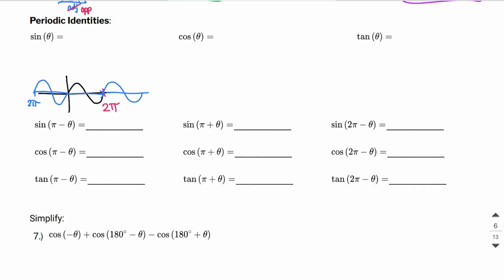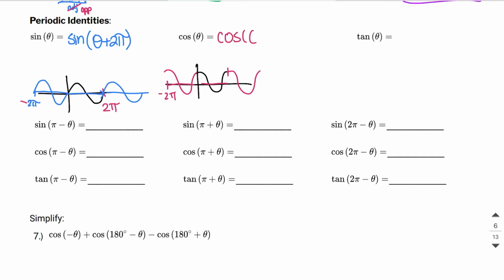So the periodic identity is just saying sine of theta is equal to sine of theta plus 2 pi. Okay, same thing is true for cosine of theta, right? If I take everything and I shift it over by 2 pi to the right, it would look exactly the same. Or if I shift it over by 2 pi to the left, I guess this should be negative here, it would still look exactly the same.